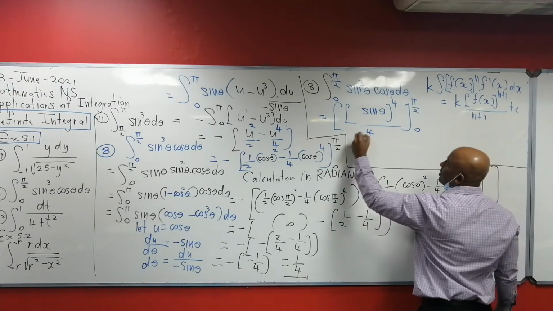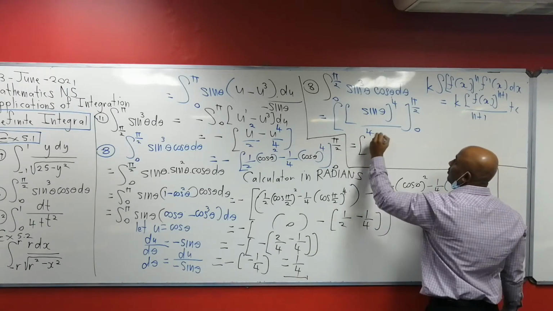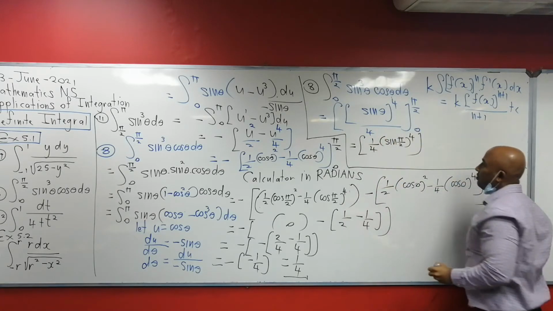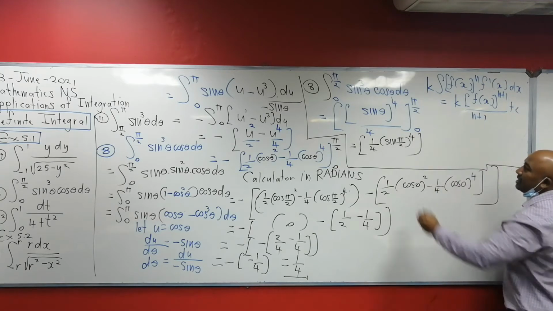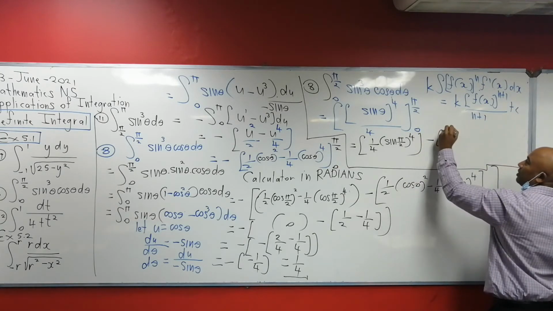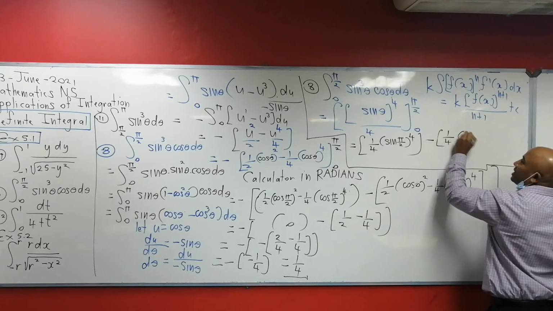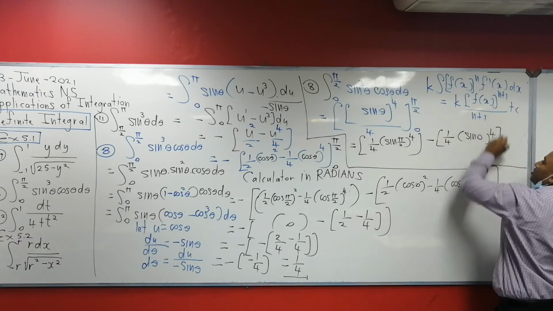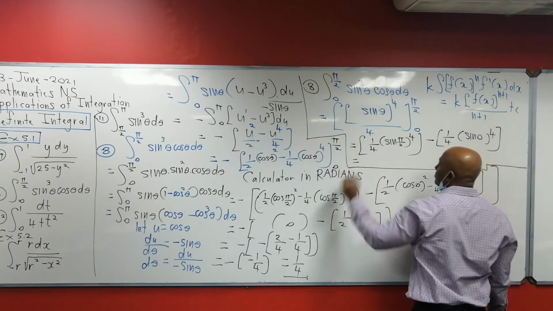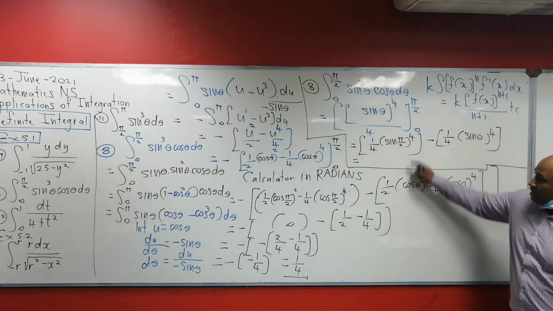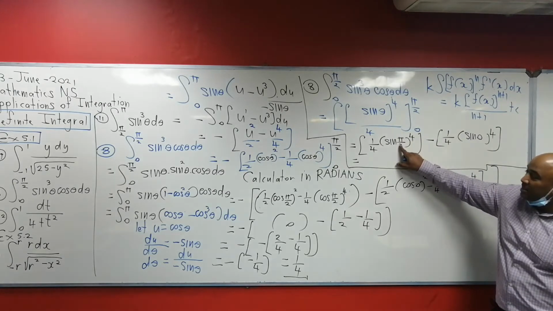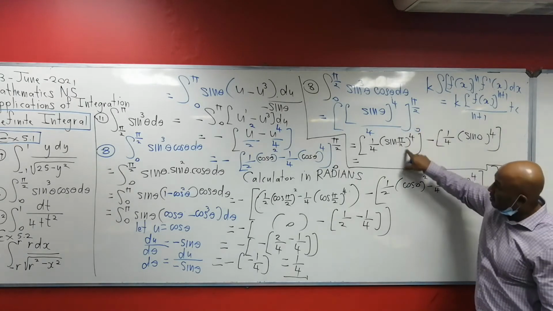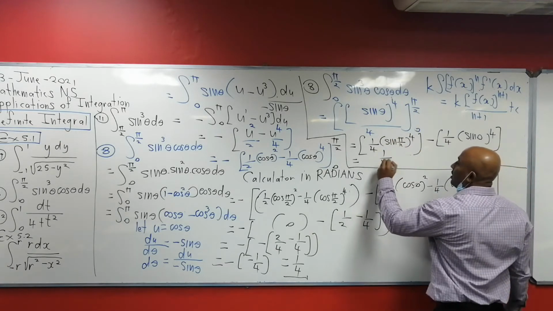Now let's substitute. So this is going to be 1 over 4 sine of pi over 2 to the power 4. I'm substituting my upper limit minus substitute my lower limit, which is 1 over 4 sine of 0 to the power 4. And now you can work this out. Pi over 2, that means sine of 90. I know my trig graphs. Sine of 90 is 1. 1 to the power 4 is 1. 1 times 1 over 4 is 1 over 4.